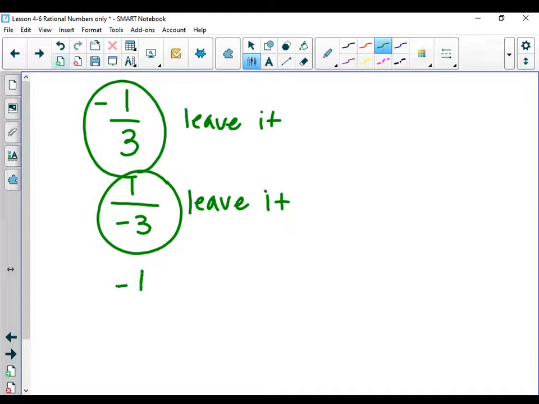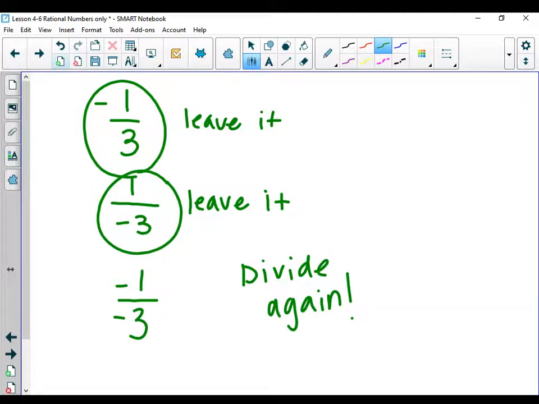But if both the top and the bottom are negative, we have to divide by negative 1. If they're both negative, do not leave it.